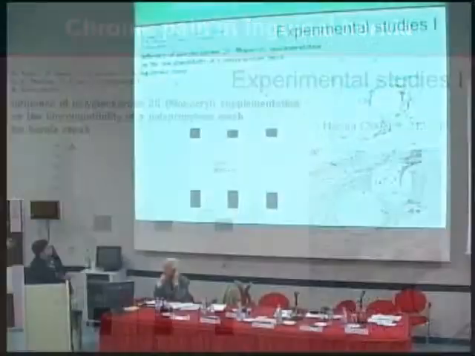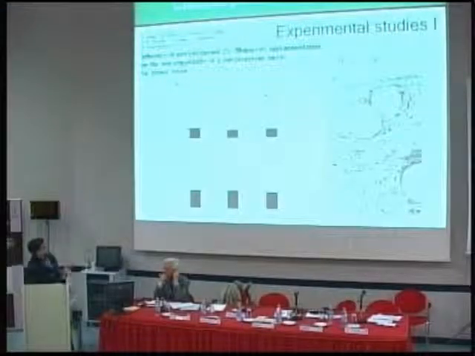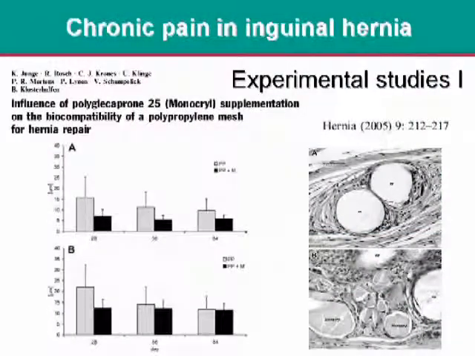And this Ultra Pro mesh, which I investigated within this experimental setting compared to the naked polypropylene part, had no significant effect on the inflammatory reaction and no significant effect on the connective tissue formation compared to the pure lightweight and large porous monofilamentous polypropylene mesh. So the supplementation of Monocryl has no effect on the biocompatibility of this mesh.